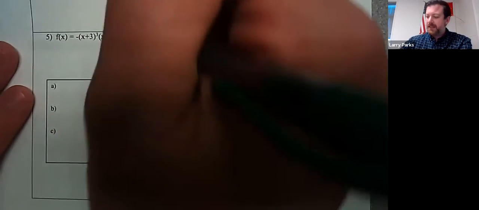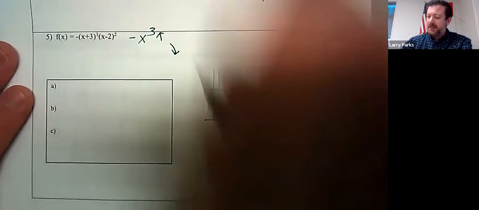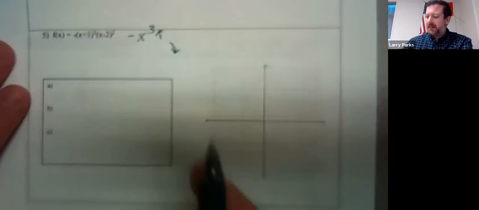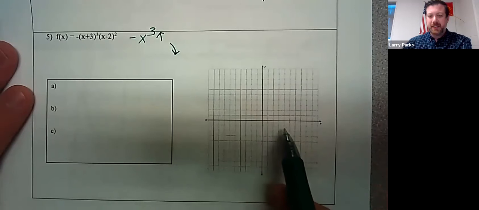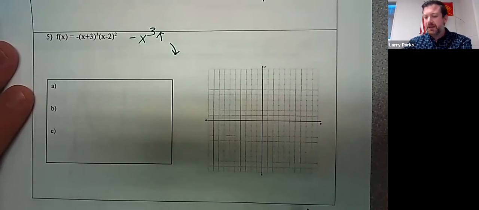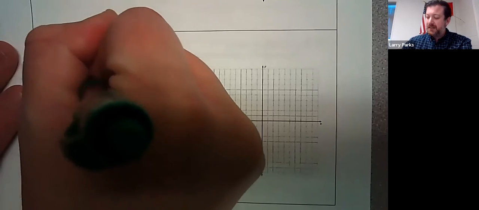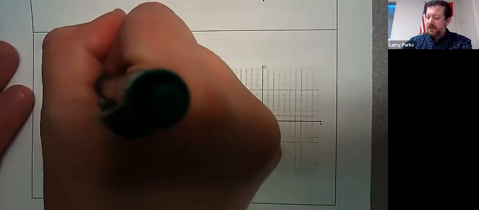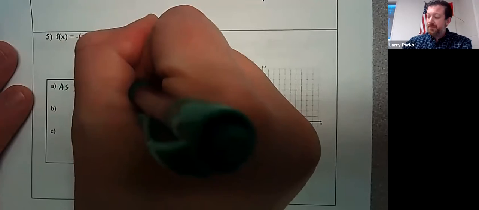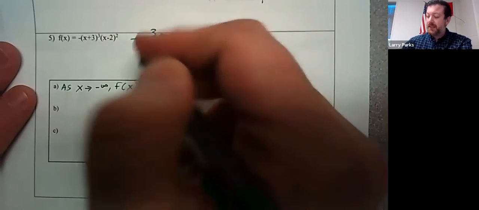The odd means it does the opposite on the left. So I know it's going to go like something and then go down here somewhere. And so I would say as x approaches the left, my function goes up.